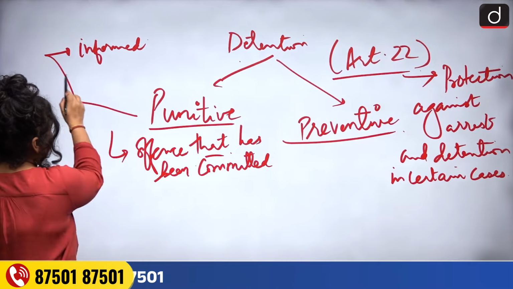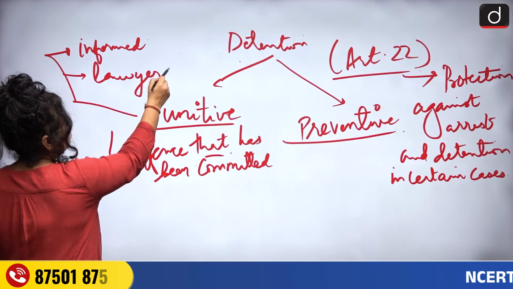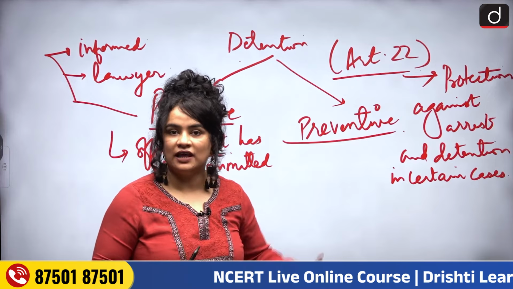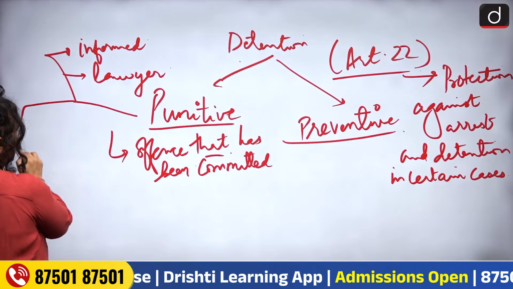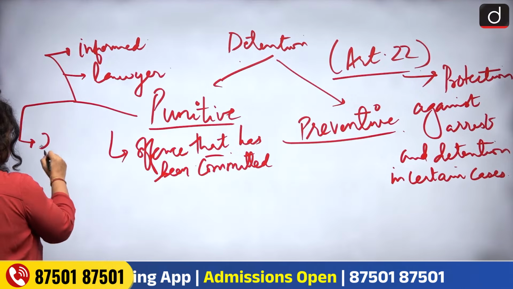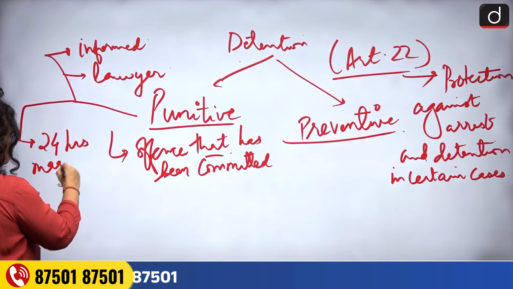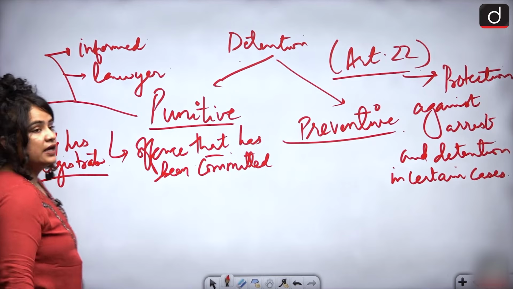Second, they have the right to consult a lawyer of their choice, a legal practitioner of their choice. They have that freedom to consult a lawyer, all right? The third right is that the person has to be presented before a magistrate within 24 hours of arrest.